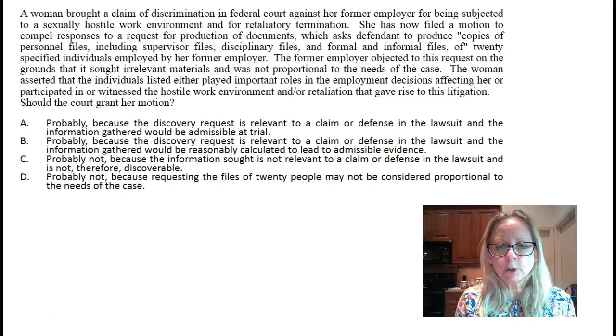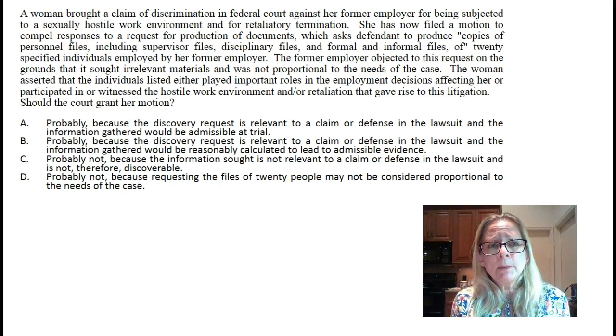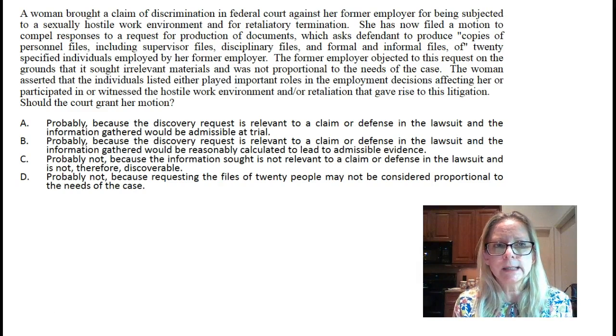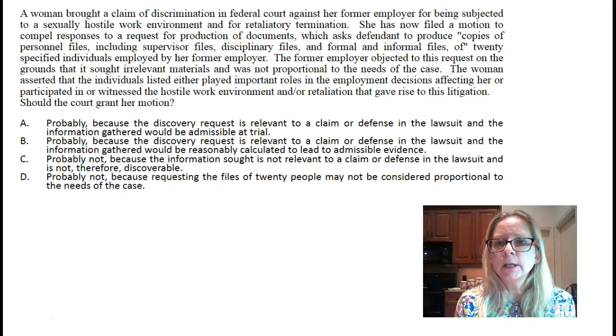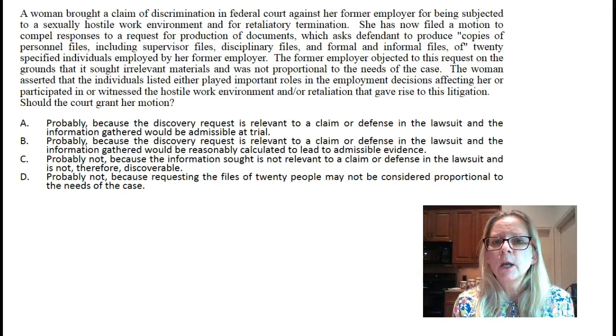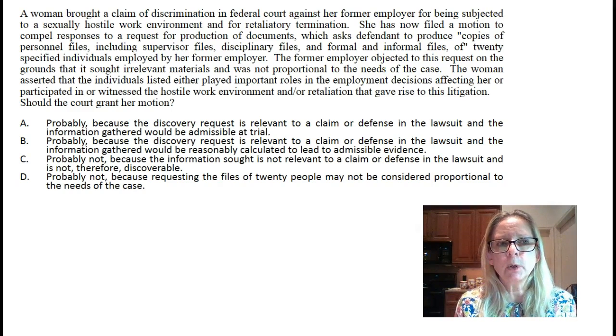So here's a multiple choice question. It's probably not a very good multiple choice question, but here it is anyway. A woman brought a claim of discrimination in federal court against her former employer for being subjected to a sexually hostile work environment and for retaliatory termination. She has now filed a motion to compel responses to a request for production of documents, which asks defendant to produce copies of personnel files, including supervisor files, disciplinary files, and formal and informal files of 20 specified individuals employed by her former employer.